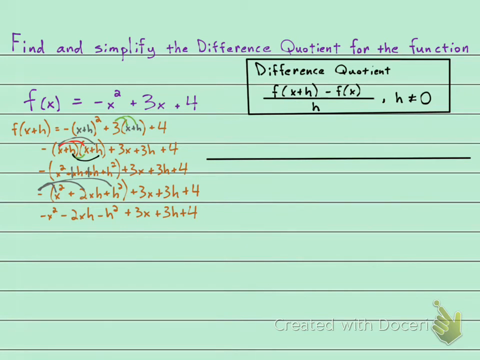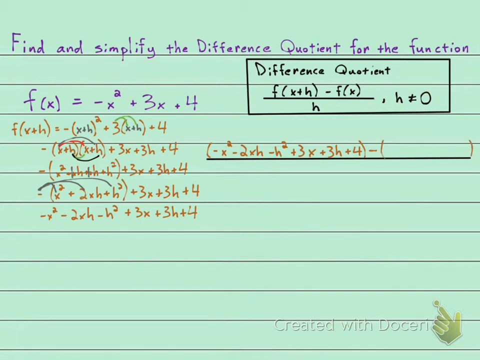So negative x squared minus 2xh minus h squared plus 3x plus 3h plus 4. That is the f of x plus h minus, and now I'm going to plug in the f of x.